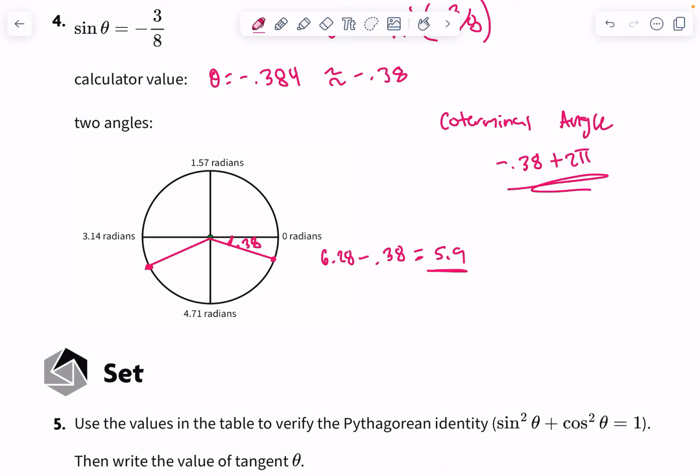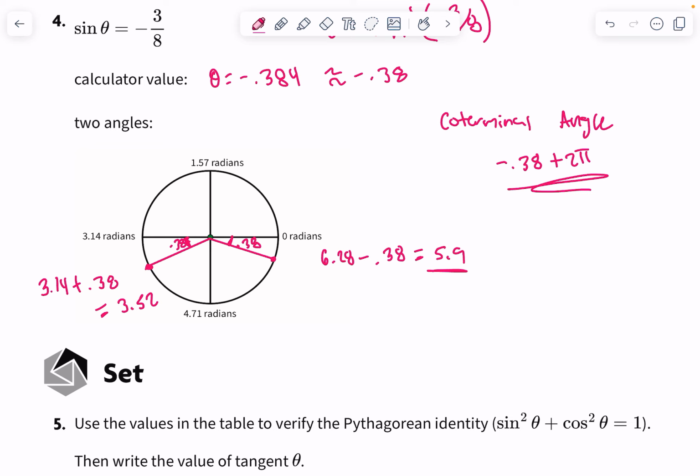So again, you should pick up on that this is 0.38, right? Because these two are congruent, same size, same shape, same angle. So then I would add 3.14 plus 0.38, which is equal to 3.52.